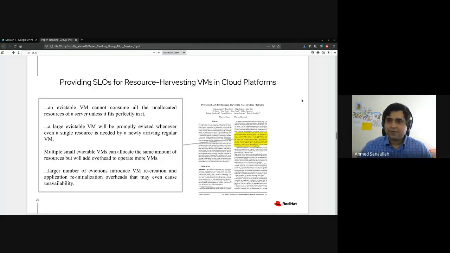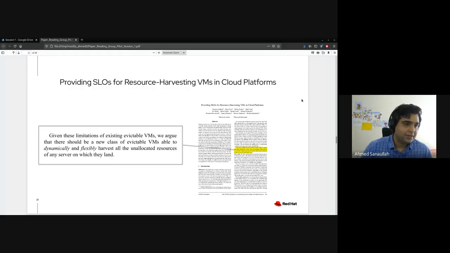The next paragraph then talks about 4 problems that exist today with these types of evictable virtual machines. And then the last paragraph, before they get into an overview of the solution, they just put a statement that says, here's our solution: a new class of evictable VMs that is able to dynamically and flexibly harvest all the unallocated resources.